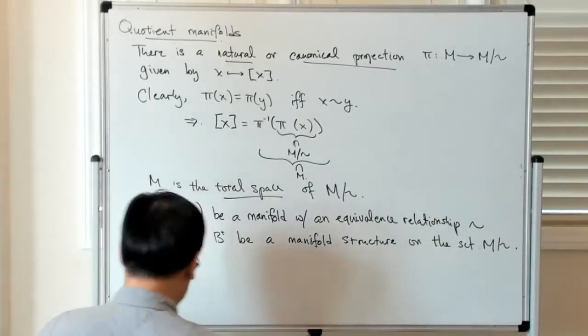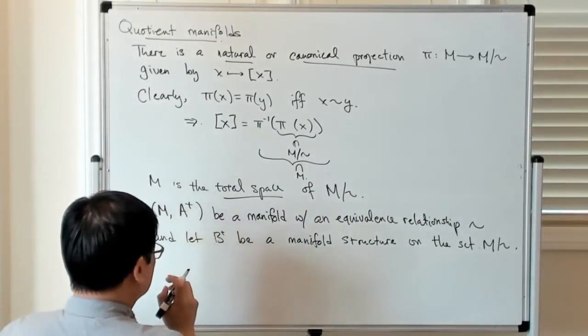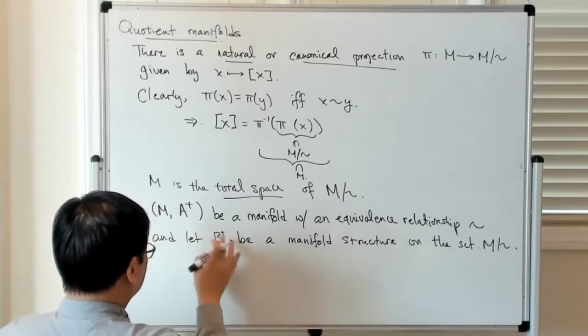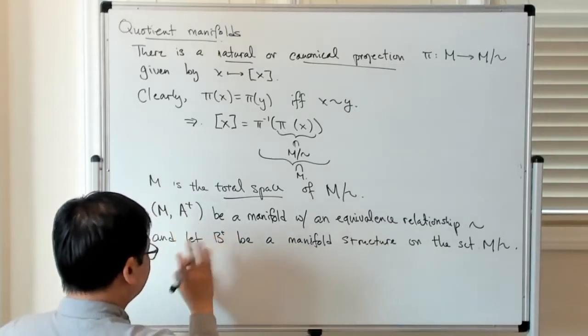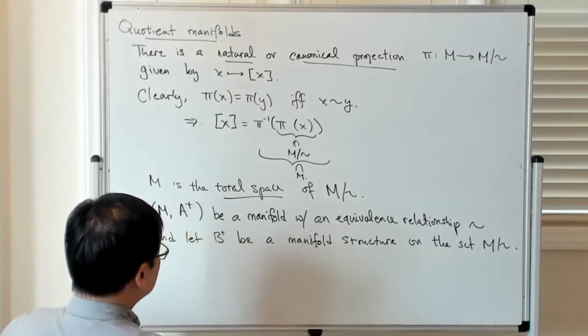Okay, so now we have, in principle, two different manifold structures, one on M and one on the quotient.